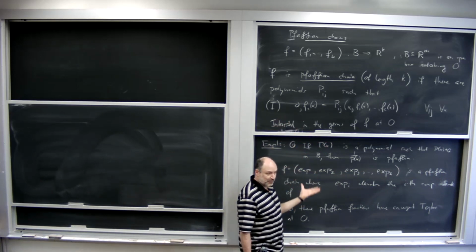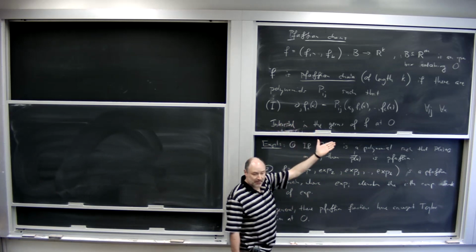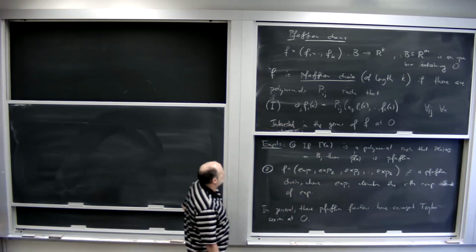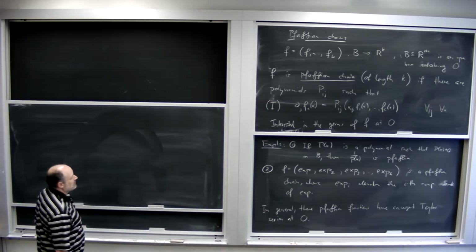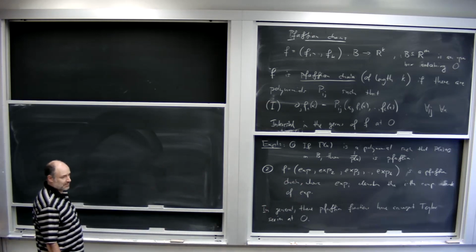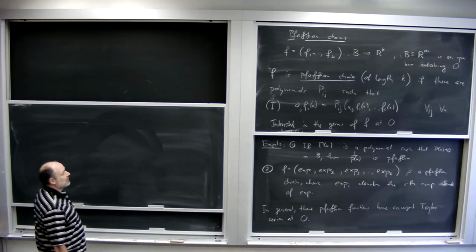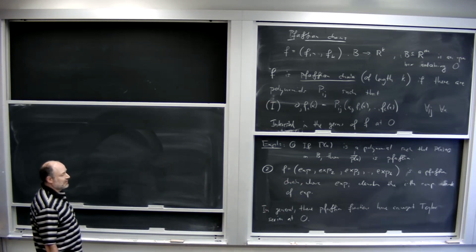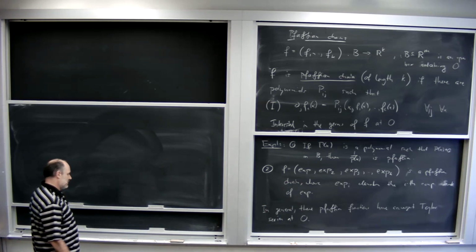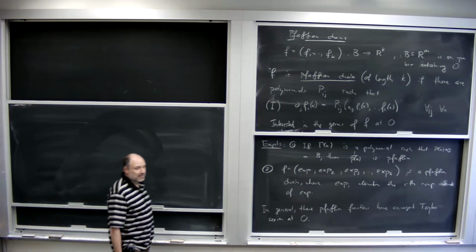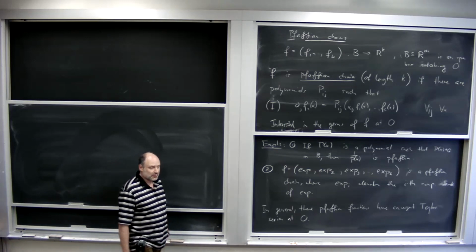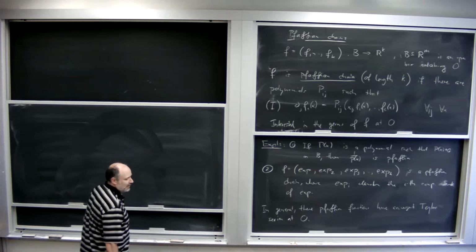There's a nice geometric interpretation of what this triangularity means, and it uses the language of differential geometry. So instead of talking about differential equations, you talk about distributions of vector spaces on Rn.